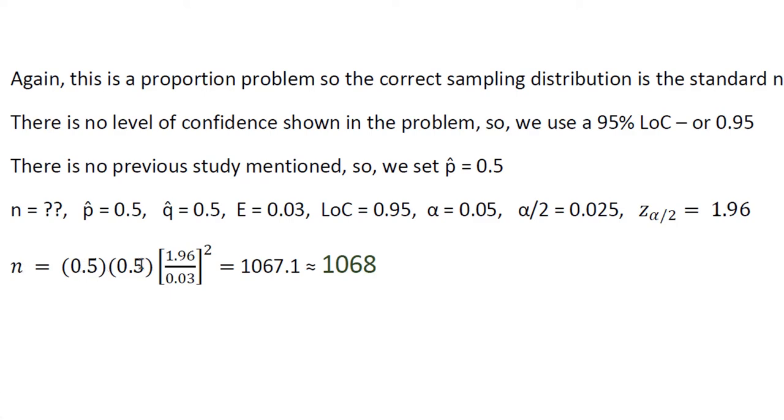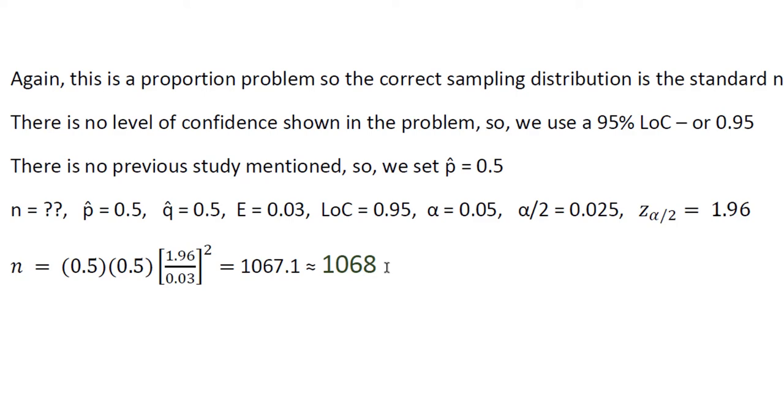N is equal to P hat times Q hat times z sub alpha over 2 over E squared. And when I do all the math, I get 1067.1, which is approximately equal to 1068. So that would be my minimum sample size.